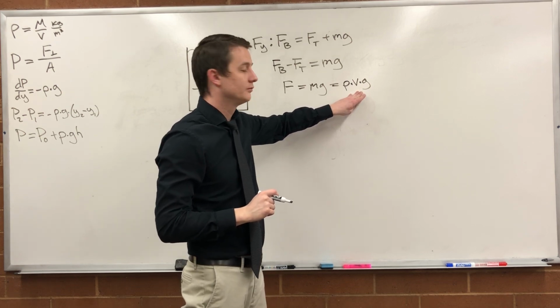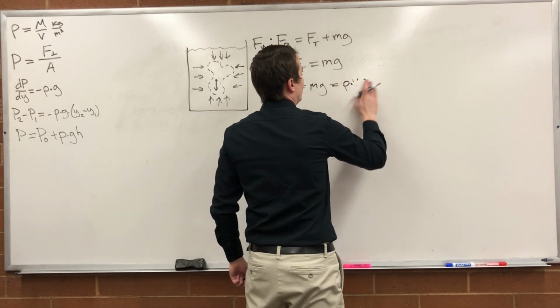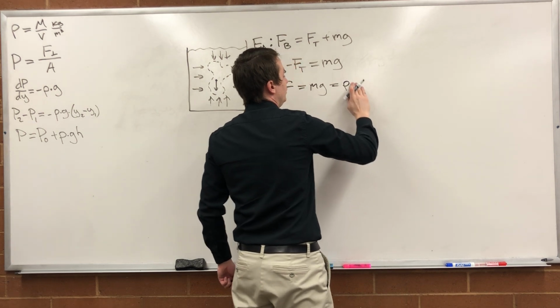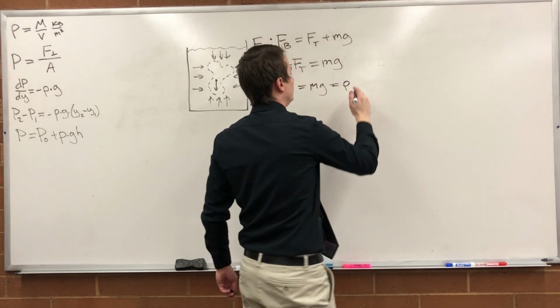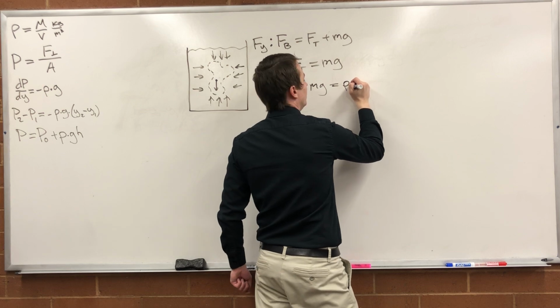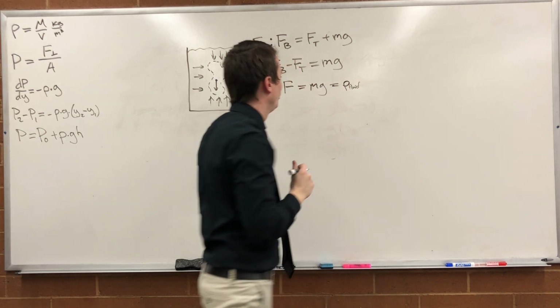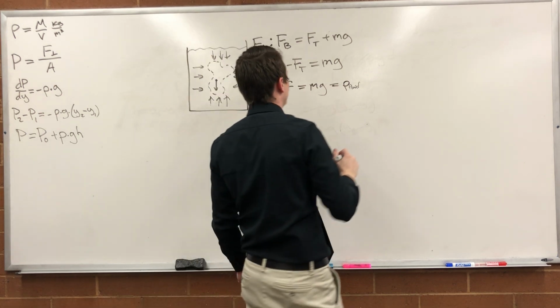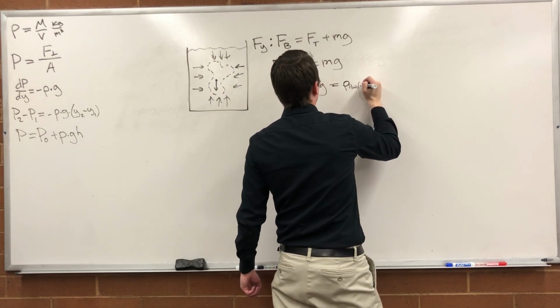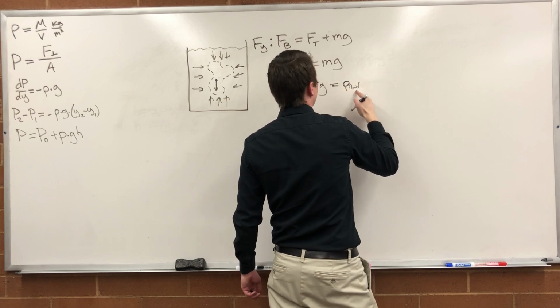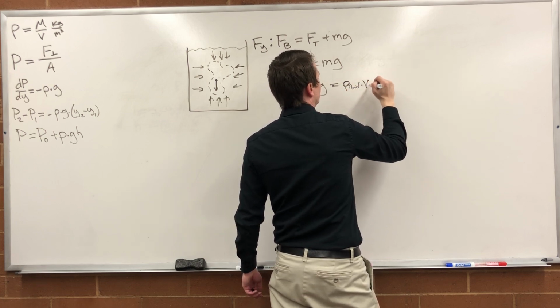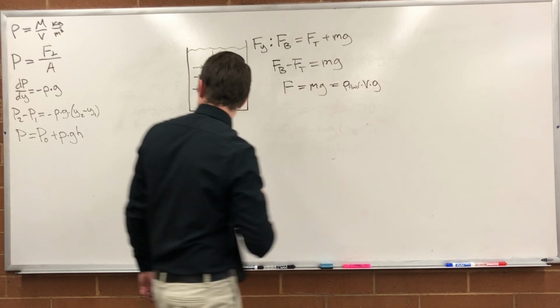How do you spell buoyancy? B-U-O-Y. So rho of our fluid times the volume times g will probably be the easiest way to see that.